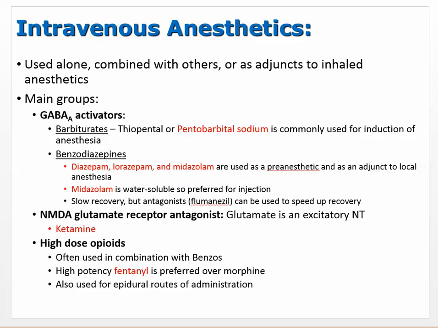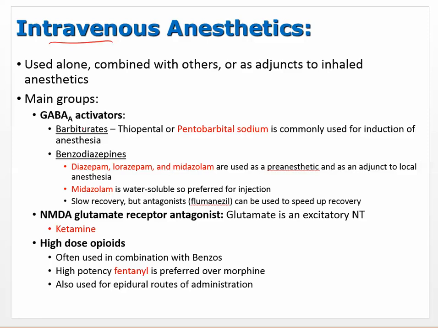Okay, so if we look at the ones that we have, and I have this listed a few different ways: used alone, combined with others, or as adjuncts to inhaled anesthetics. Even though we're not talking about inhaled anesthetics, things like halothane are examples of things that can be inhaled and can cause anesthesia. But we're talking here about IV anesthesia, and they can be used with other methods or mechanisms.